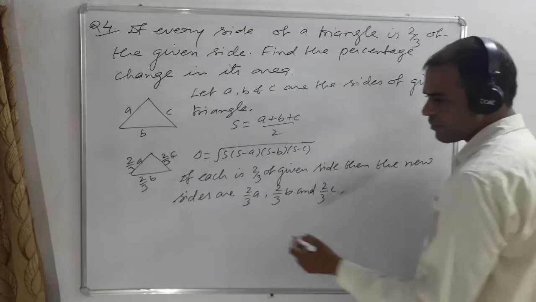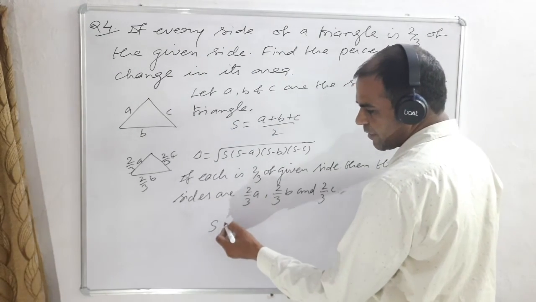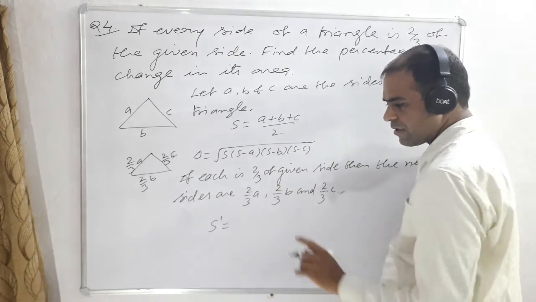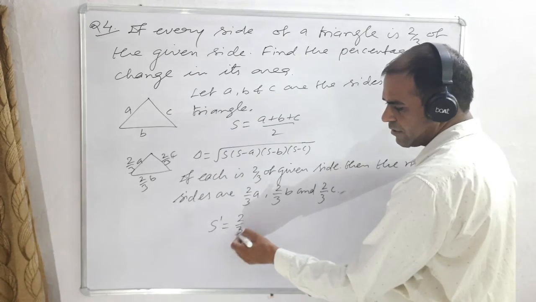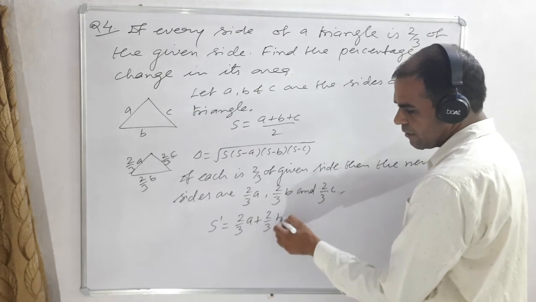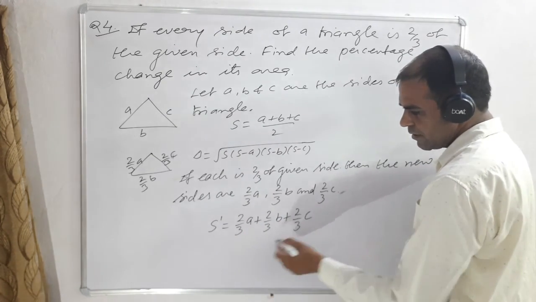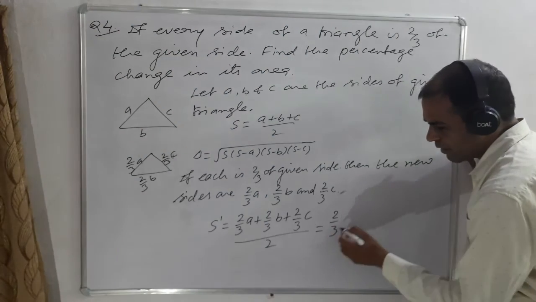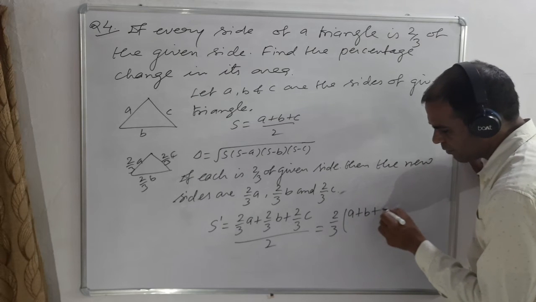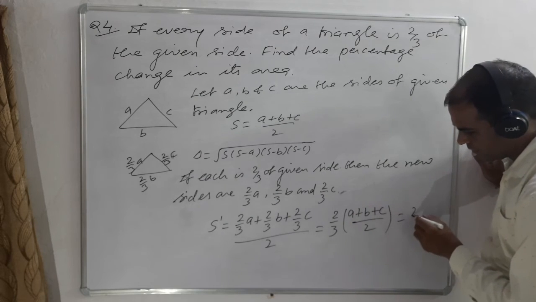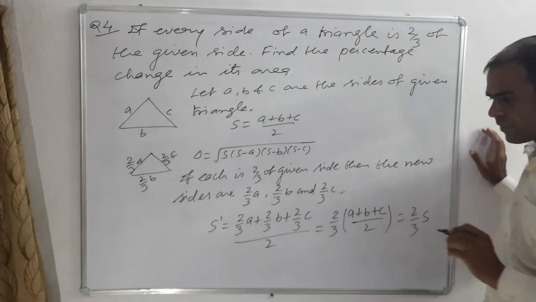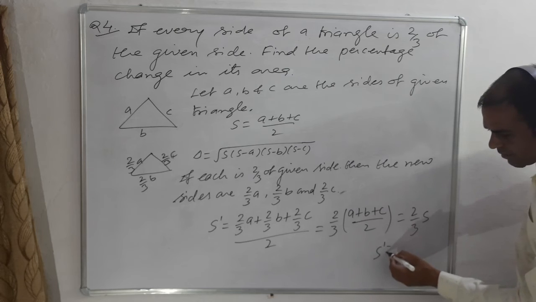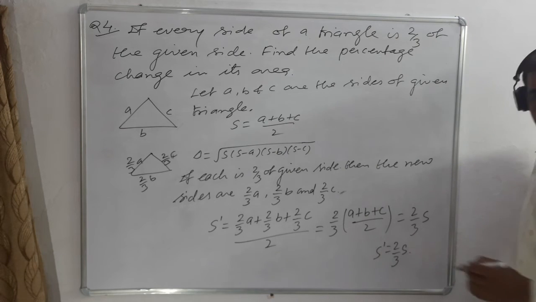So its semi-perimeter is S dash. This is a different notation here. S dash is 2 by 3A, 2 by 3B and 2 by 3C upon 2. Here 2 by 3 is common and A plus B plus C upon 2, so this is 2 by 3 S. Semi-perimeter S dash equals 2 by 3 S.